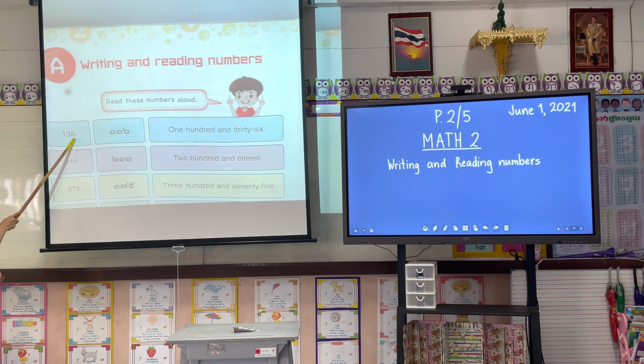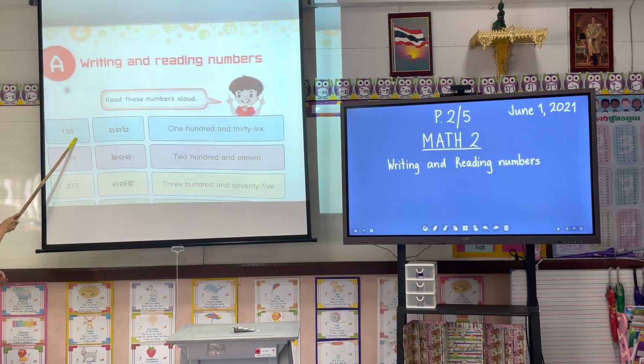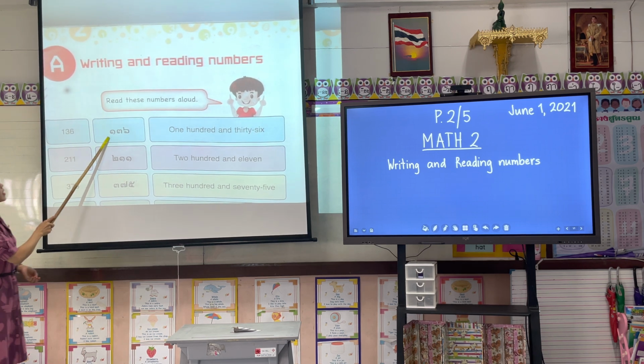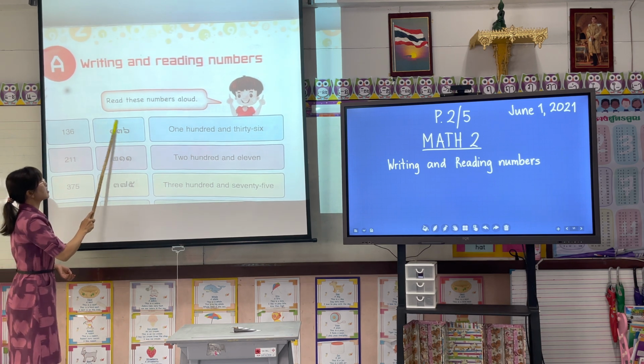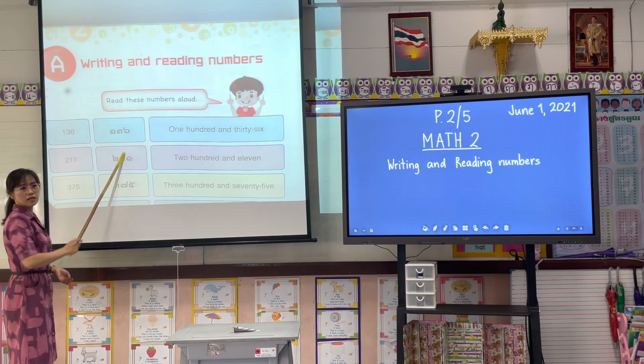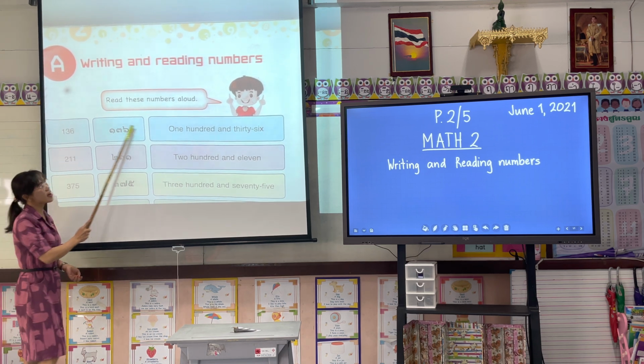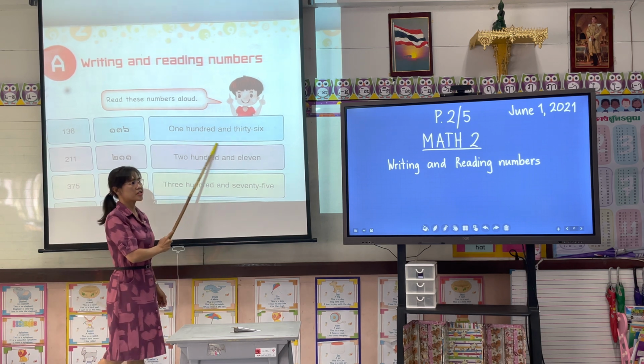Right? So here, 136. Okay, so this is the Hindu-Arabic 136. Alright, and this is the Thai numerals, but we're not going to focus on the Thai numerals, only the Hindu-Arabic and the English words.